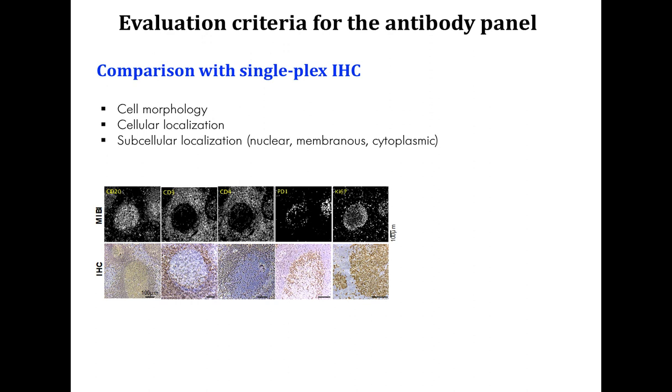For example, CD20 was primarily found in the germinal center, where B cells are the predominant population, while CD3 and CD4 primarily stain cells in the interfollicular zone, which is populated with T cells. As for subcellular localization, the transcription factor Ki67 was predominantly nuclear, whereas CD4 and CD20 localized in the membrane, as expected.